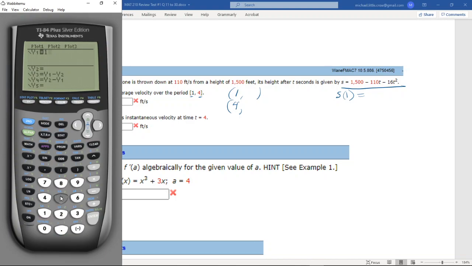We'll enter our 1500 minus 110, and again you put in what you've got, x minus 16, and remember that 16 comes from a constant of gravity, feet per second, something along those lines, x squared.